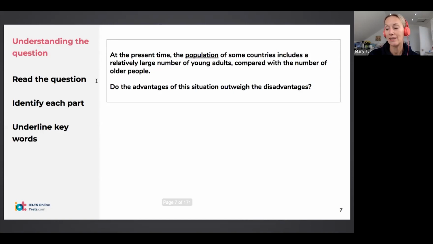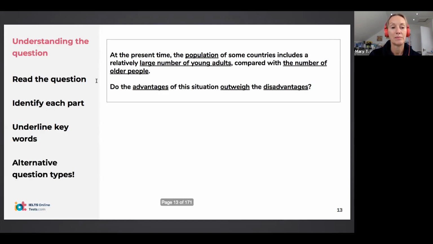Population, that's right. Population, yeah. Large number of young adults. Okay, so that's a key phrase. Yeah, older people, that's right. Yeah, and then in the actual question, so advantages, outweigh, that's right. And disadvantages. Okay, so these are the keywords.